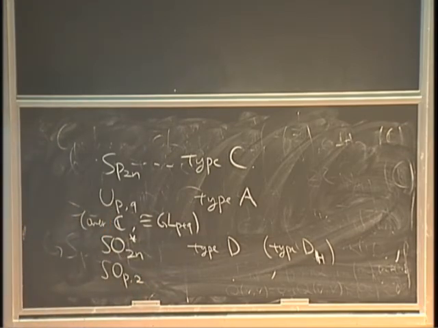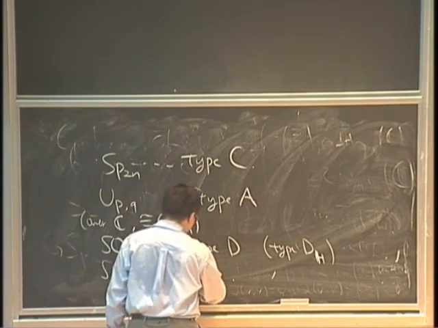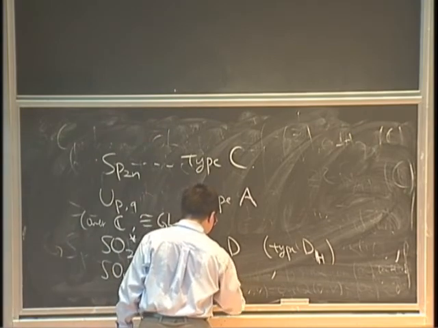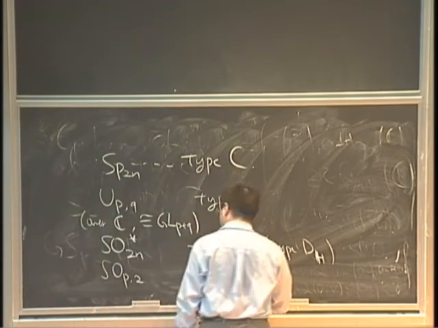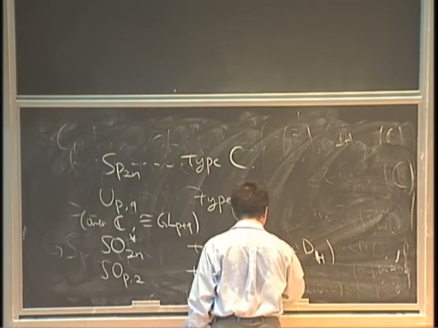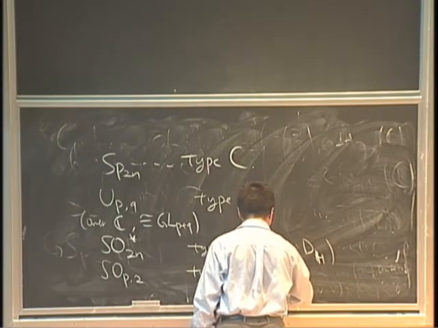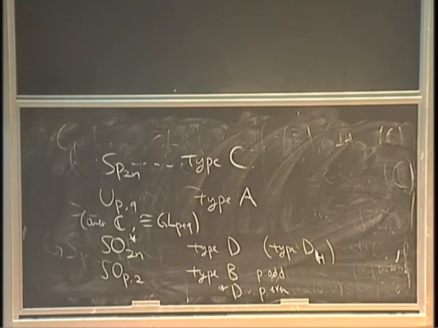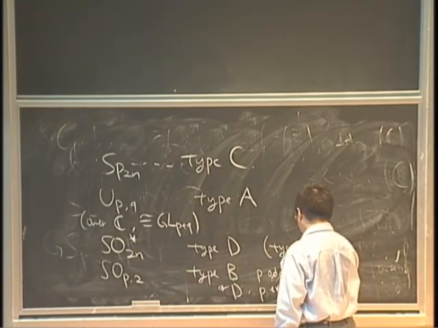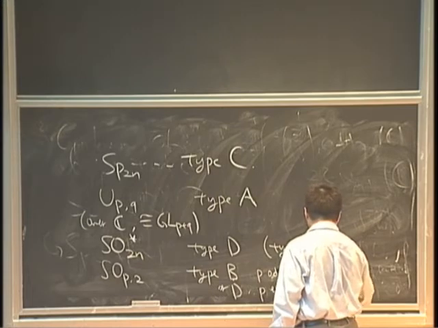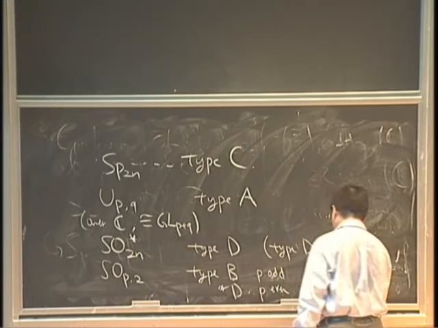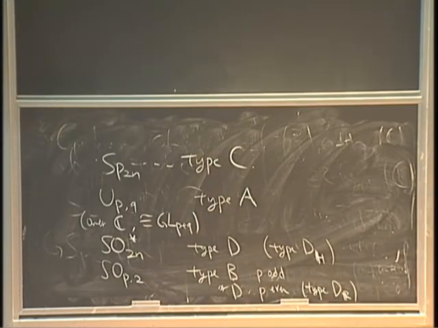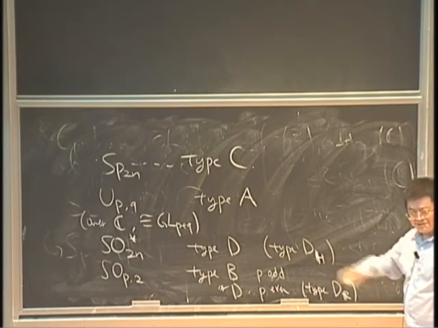This one depends on parity. When P is odd or P is even, the parity actually matters when you try to determine the type of orthogonal groups. And this is type DR. I don't know exactly why it's called DR, but it is probably not using anything Hamiltonian.